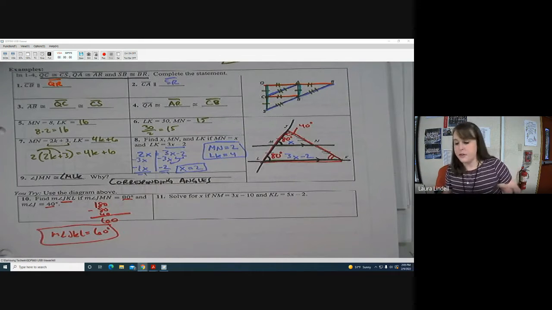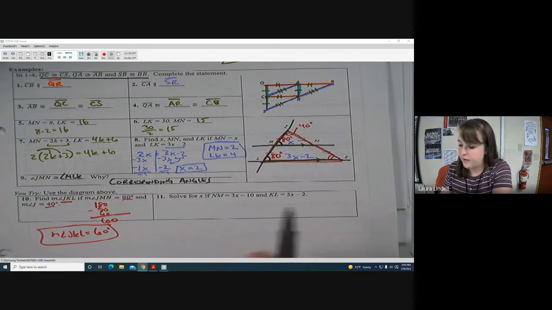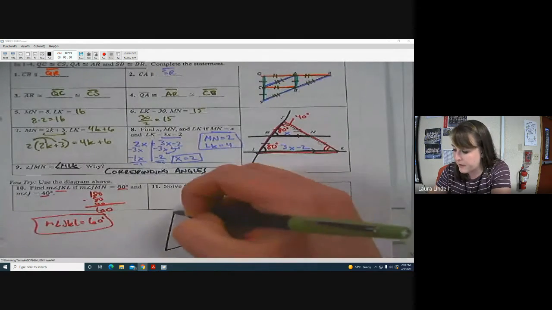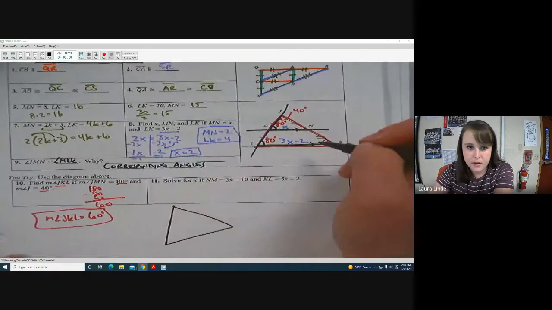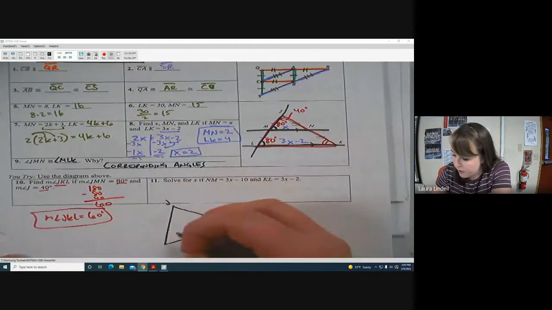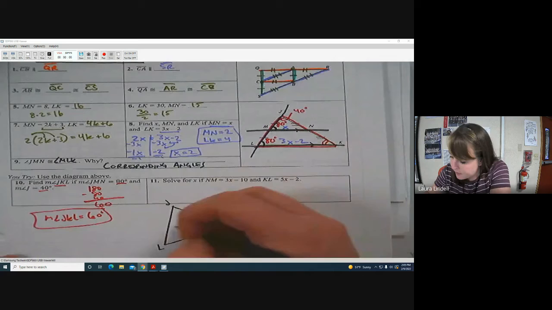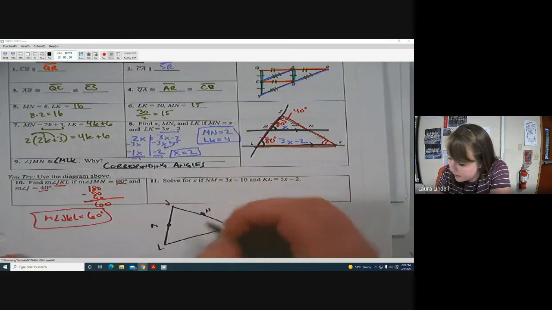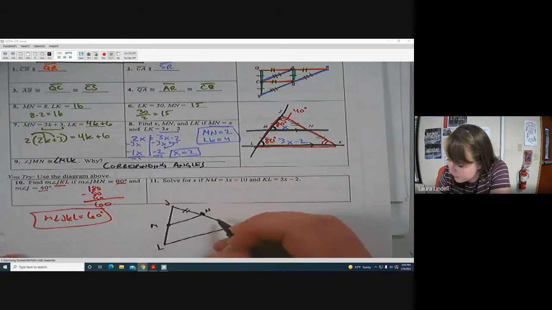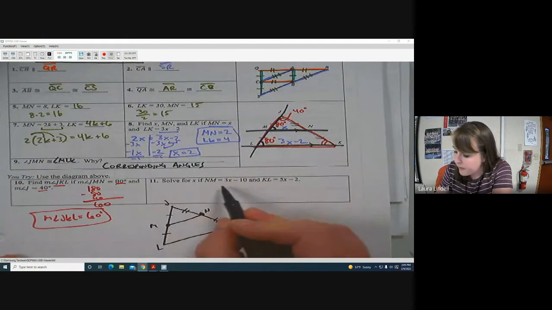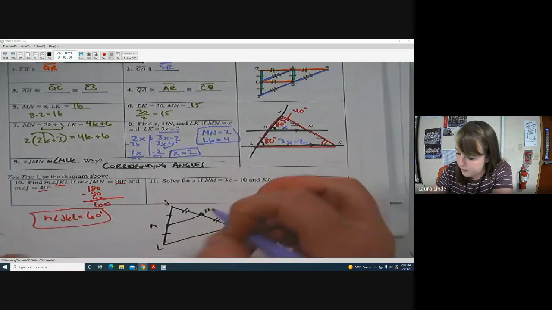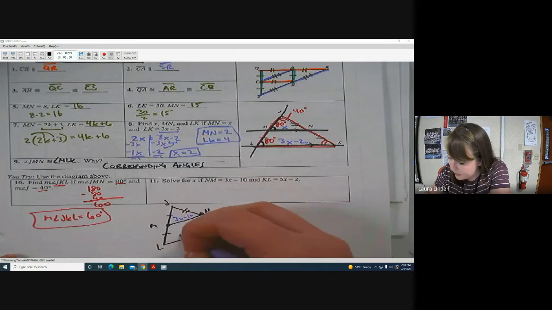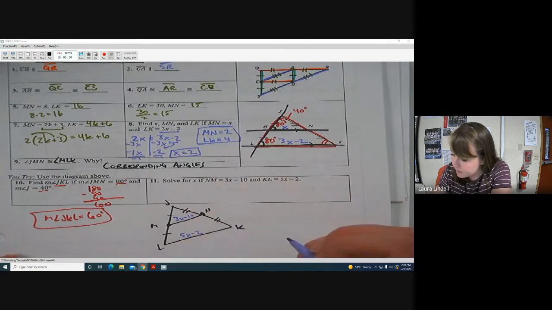Now I would encourage you for this next one. Well, first I would encourage you to redraw the triangle because we're supposed to use the same picture, but now ours is all cluttered. So I'm going to redraw JLK, MN, and then it says that NM is 3x minus 10, and that KL is 5x minus 2.